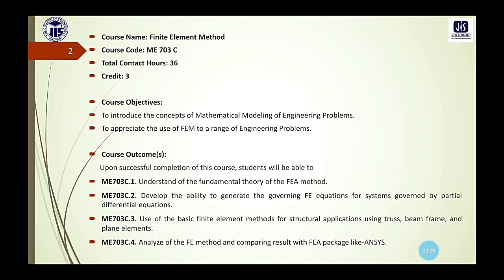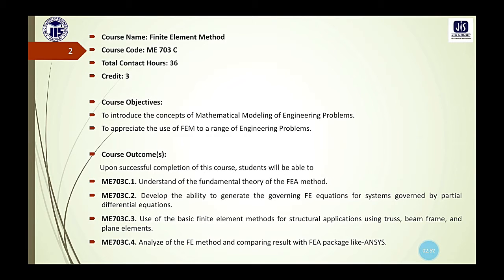Now there are different course objectives for this subject. These are to introduce the concept of mathematical modeling of engineering problems to the students and to appreciate the use of finite element method to a range of engineering problems.